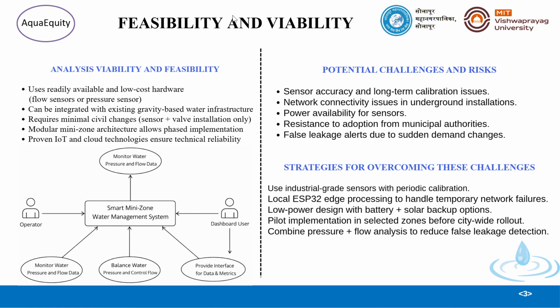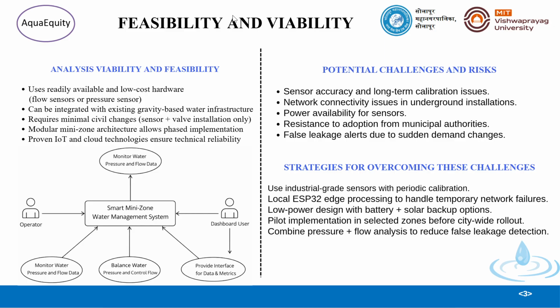Potential challenges and risks: sensor accuracy and long-term calibration issues, though these might be fixed in the future; network connectivity issues in underground installations; power availability for the sensors; resistance to adoption from municipal authorities; and false leakage alerts due to sudden demand changes.